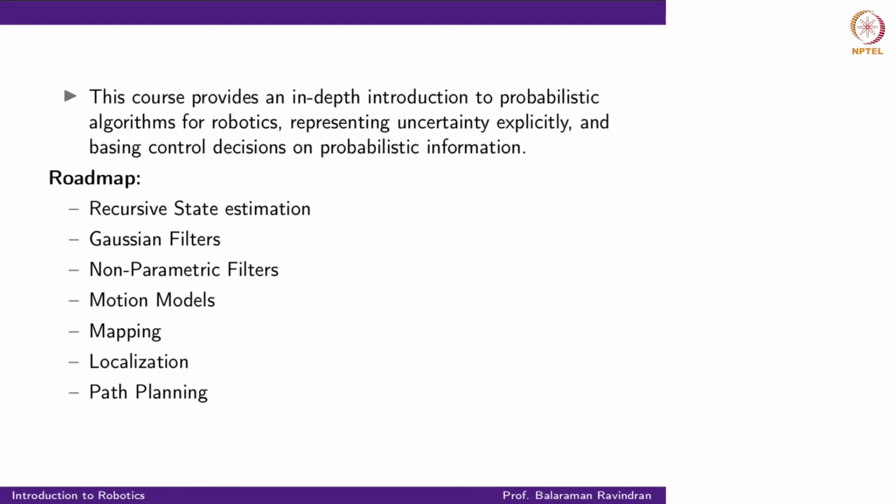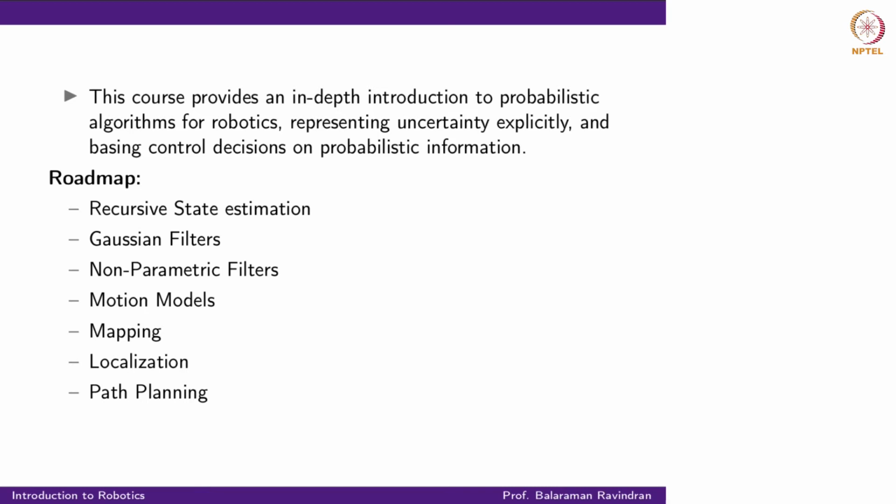Under recursive state estimation, we'll look at a variety of different approaches. The two main things that I'll be looking at are filters for state estimation based on certain Gaussian assumptions, which we call Gaussian filters. And then we'll also look at one class of non-parametric filters that allows us to go away from making any specific assumptions about the system.